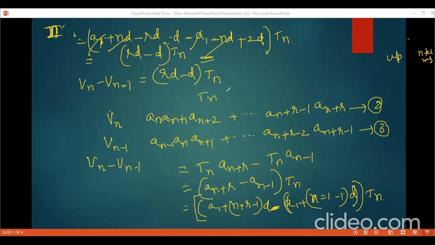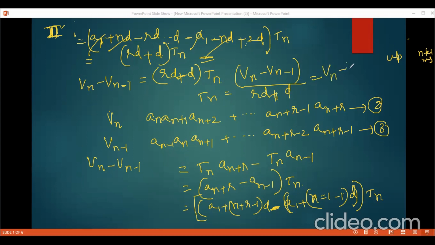So Tn is equal to, sorry, again I wrote here plus 2D minus D, no? Plus 1. Okay, Rd plus D. Now what do we write? Vn minus 1 divided by Rd plus D. Or you can take D as common, D into R plus 1.